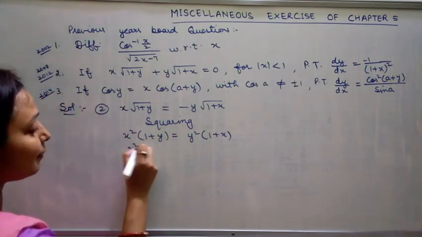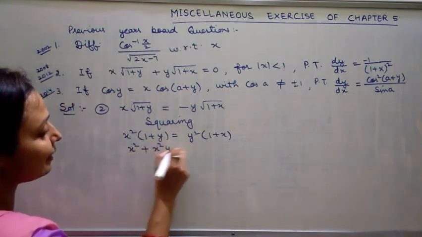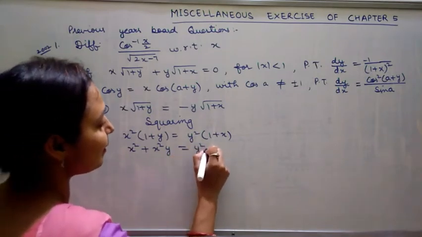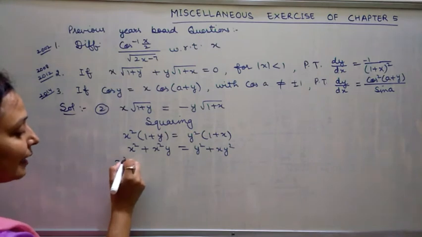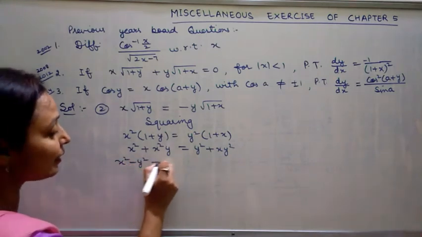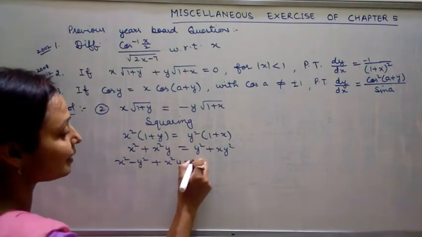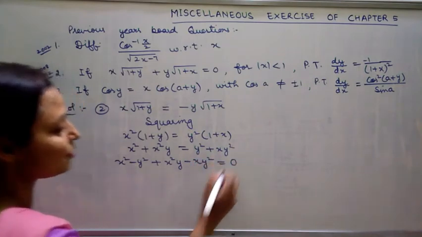Now multiply: x square plus x square y equals y square plus x y square. I will take these two on the right hand side, x square minus y square, and it will equal x square y minus x y square, which is equal to 0.